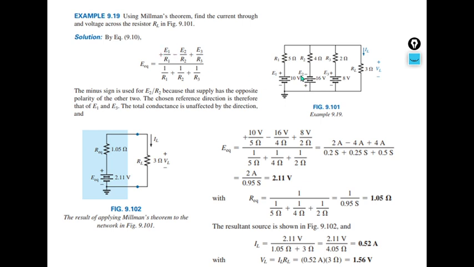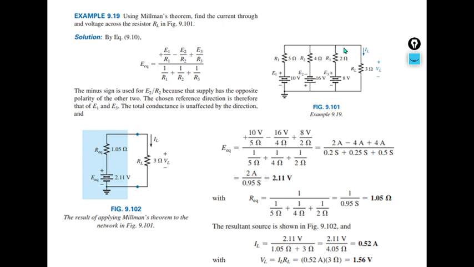So what is E1? 10 volt by R1, which is 5, minus 16 because of opposite polarity, so you have to check the polarity also. Then 16 by 4, 8 by 2, divided by G1 plus G2 plus up to Gn. G1 means 1 by 5, G2 means 1 by 4, and G3, since n is 3, is equal to 1 by 2.